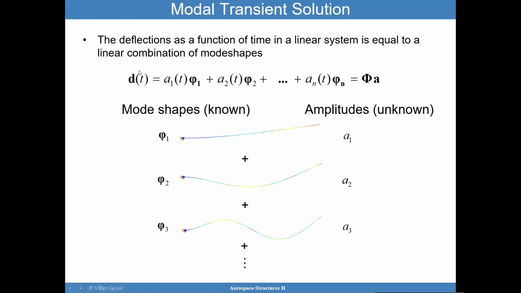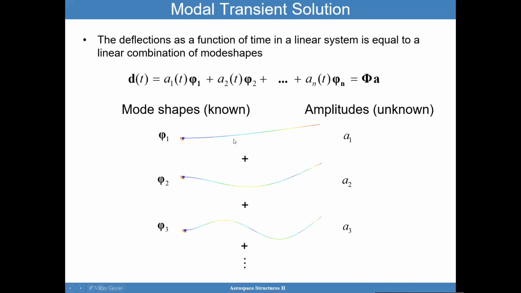So let's take the total deflection of the system as a function of time to be a combination of these mode shapes. But perhaps it's a combination of all the mode shapes. I'm using all of them.